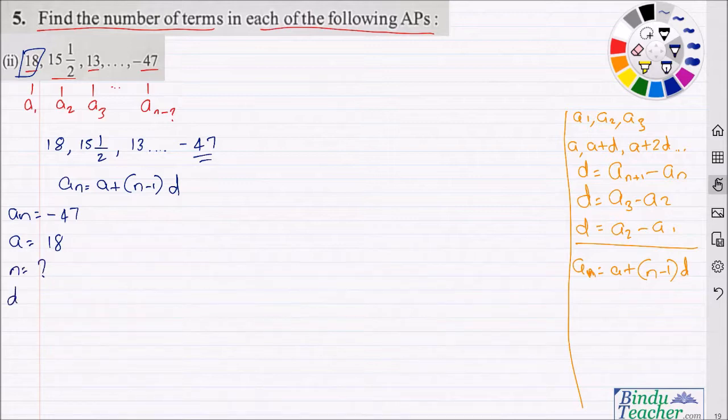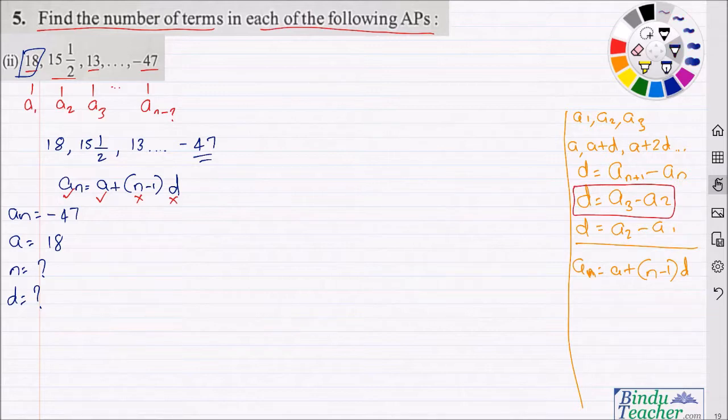Then the value of D is also unknown. So you can see from this equation, we do know A of n, we know A, n is something we do not know, D also we do not know. So out of this, you can see we have the formula for calculating D. So let's use this formula to calculate the value of D.